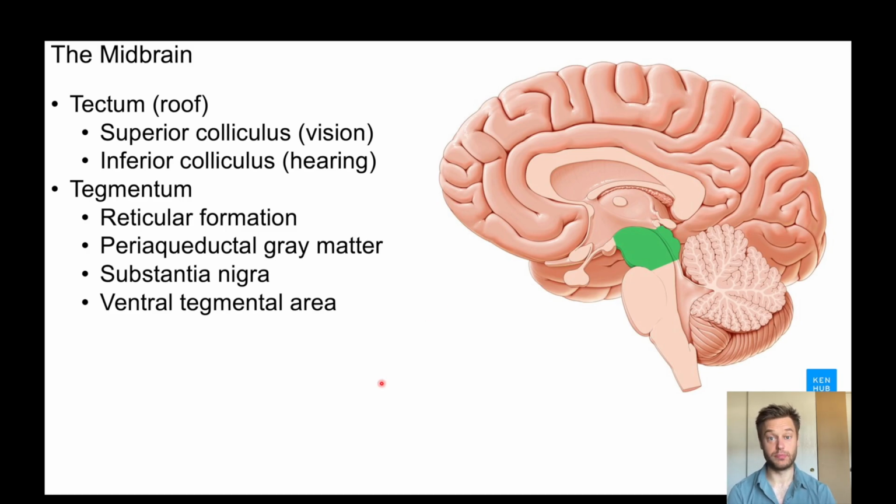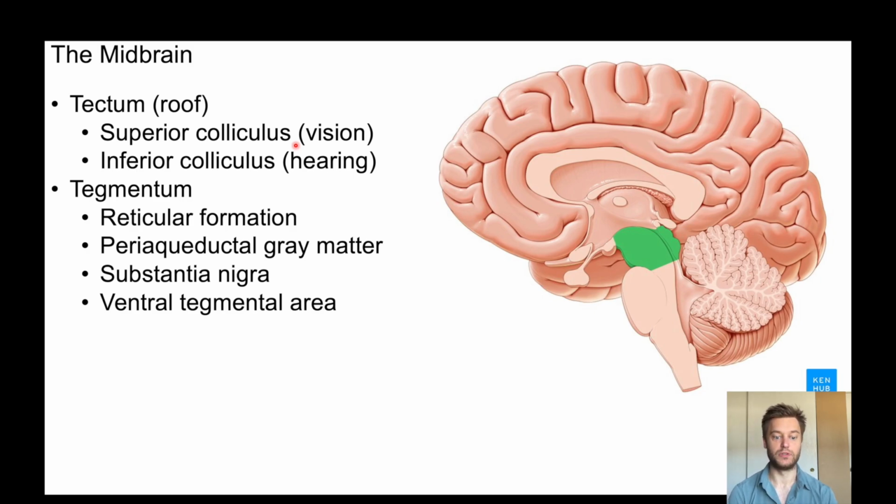Moving on to the midbrain. The midbrain is subdivided into two main structures, the tectum and the tegmentum. The tectum is broken up into the superior colliculus and the inferior colliculus. The way that I remember this in undergrad was, and I don't know that I necessarily believe that this is true, but this is just what I associated with it, that vision is superior to hearing.